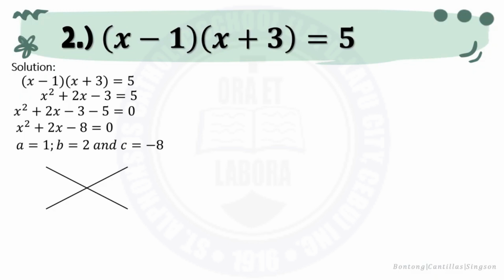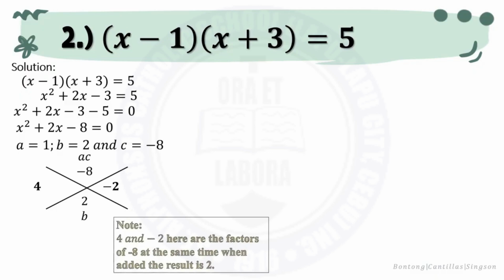equals AC. So if you have there A as 1, C as negative 8, your AC in this problem is negative 8. And your B in this problem is 2. Now, take note that 4 and negative 2 here are the factors of negative 8.